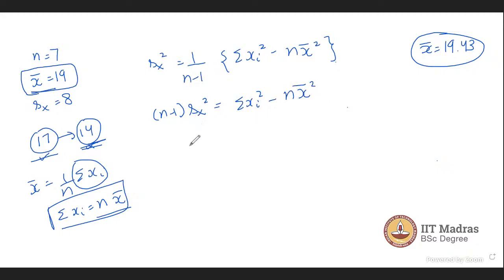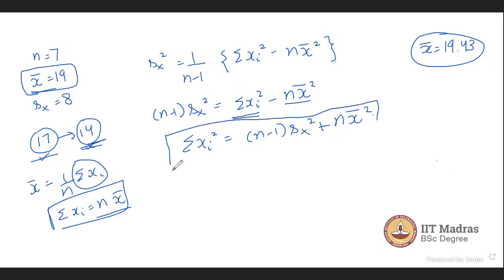So let's take summation xi square, we have to find, right? This is the general formula for summation xi square, right?